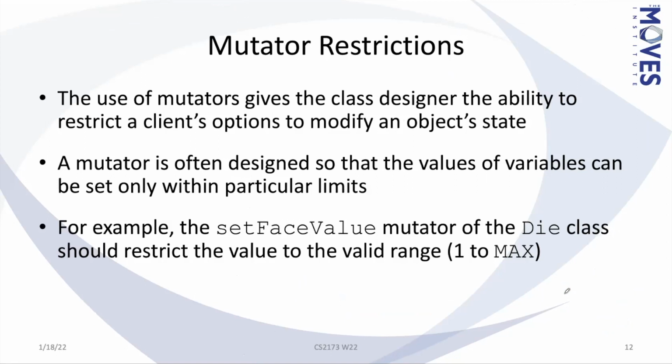Okay, so what they call mutators or setters give you the ability to modify the object state. So if I have an instance variable, and I'm going to allow any client, any object which has access to this, to modify that variable by setting it to a certain value, then we create a setter or a mutator.